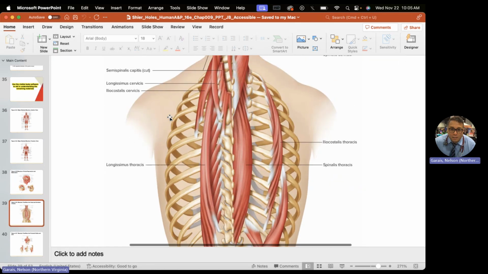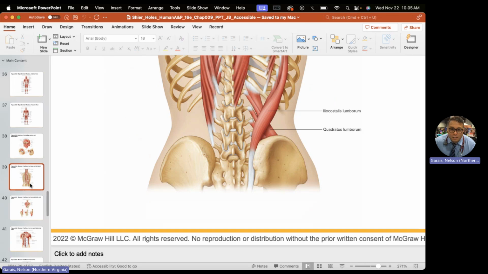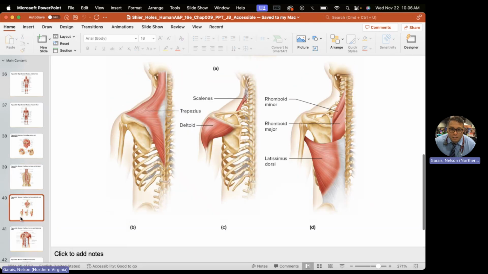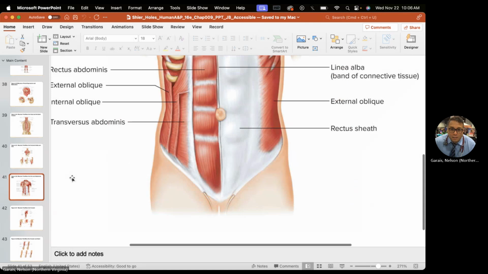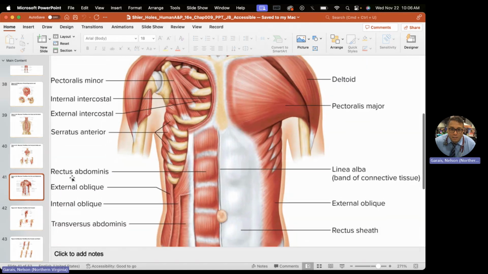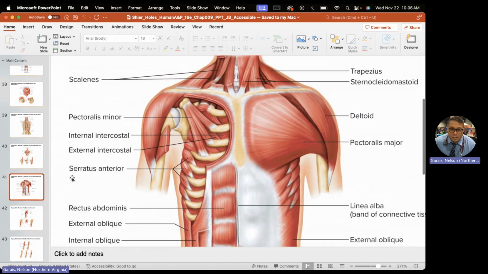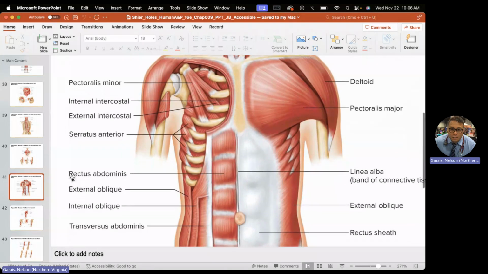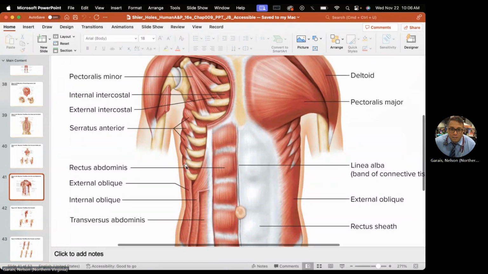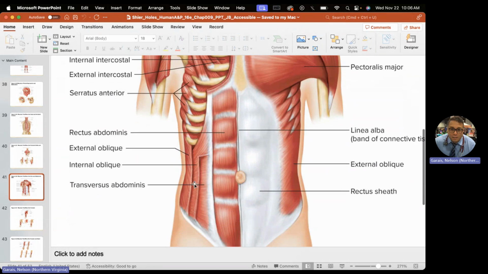Nice to know. These are the deeper muscles. Again, if we were in a 12-week program, 15-week program, we'd talk all about these, but again, only the superficial muscles. Slide 41, a very nice view of deeper structures. And you can see how there are different layers.